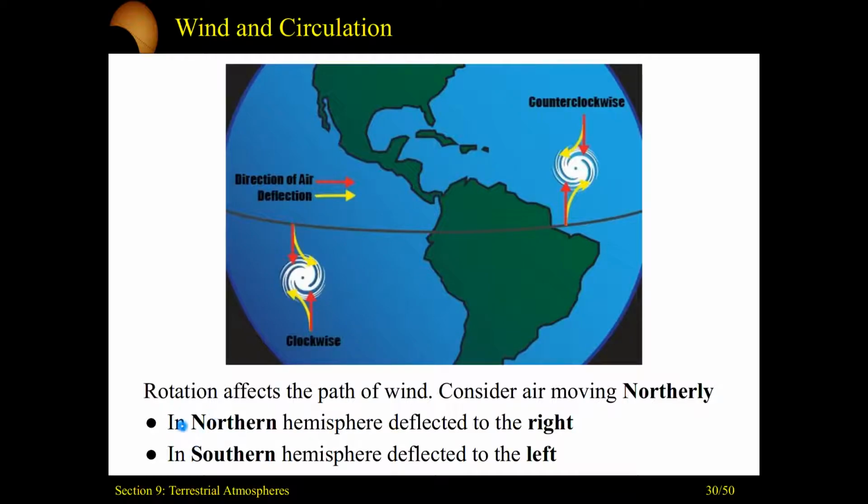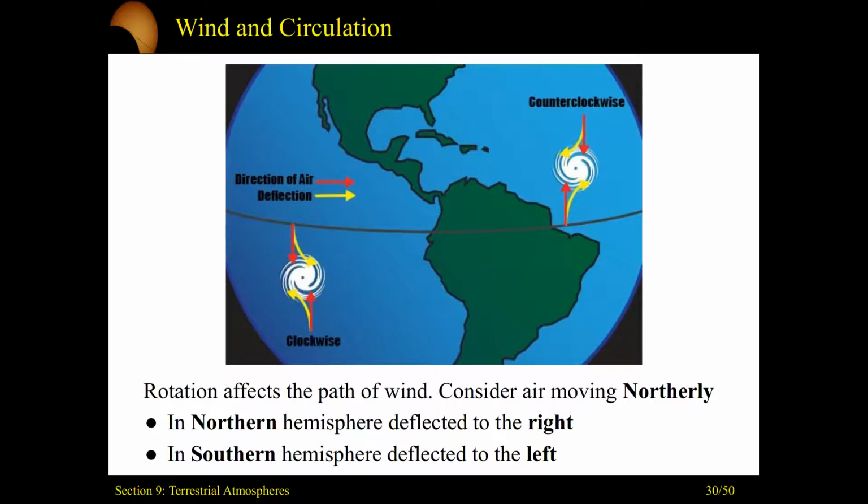Now, these bullet points here refer to any air that's moving in a northerly direction. So, consider this red arrow, right? You have air here moving in a northerly direction due to whatever wind patterns are happening at that time. If that air is moving northerly, the rotation of the planet will deflect that to the right.